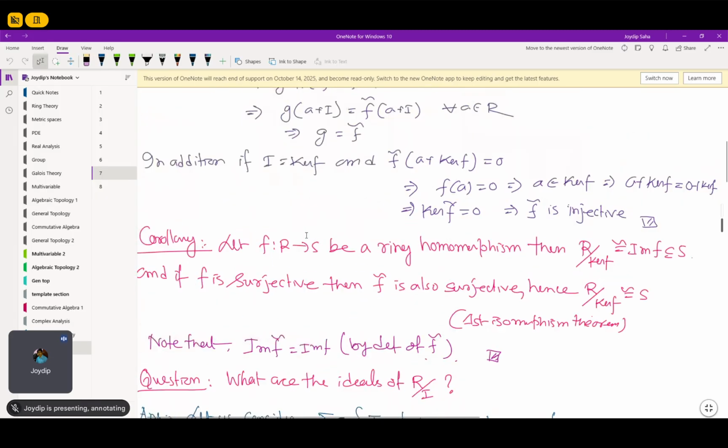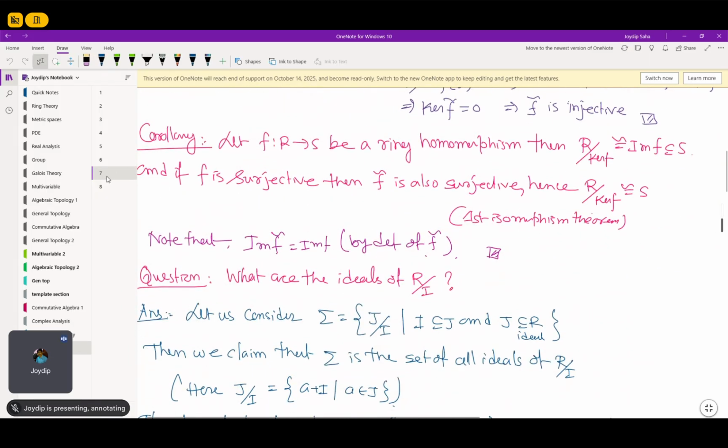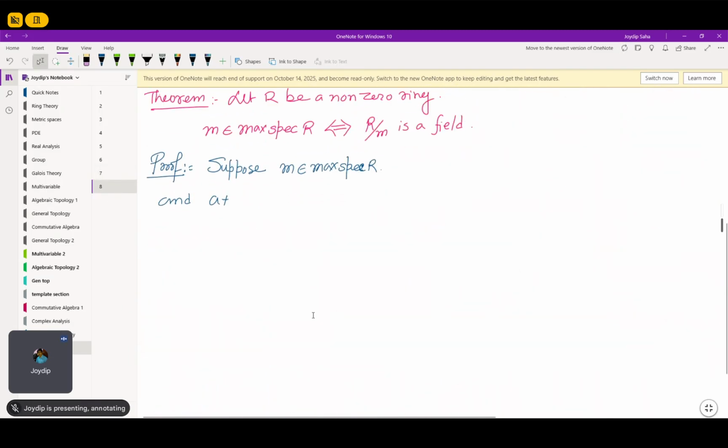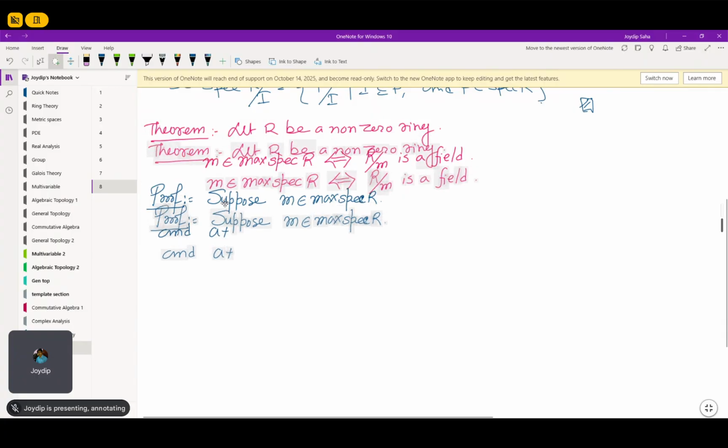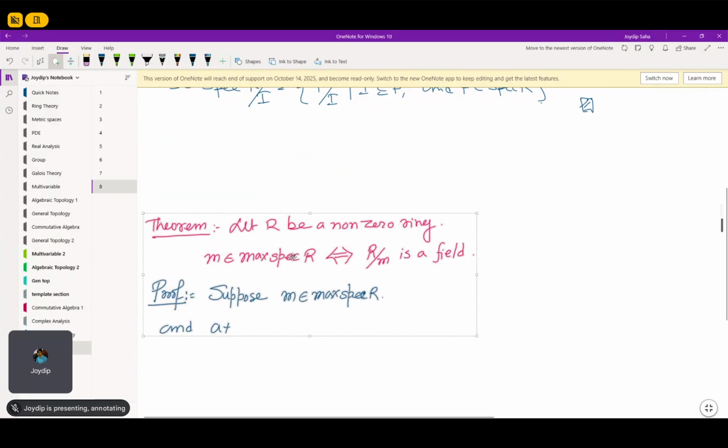Have I defined what is a field? No, I have not defined it, right? So I have to define what a field is. All of you know what a field is, but I need to define it. Let R, plus, dot be a commutative ring. All rings are commutative, but I mention it here.